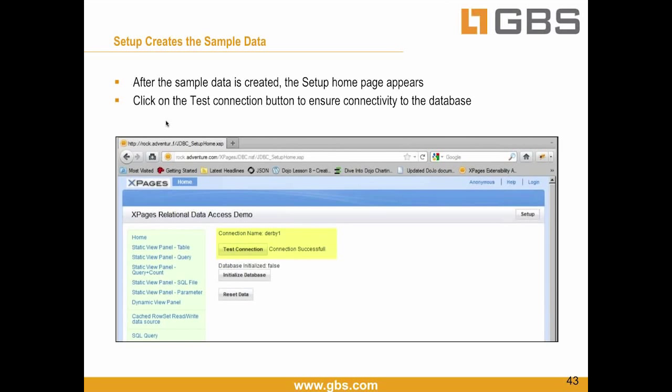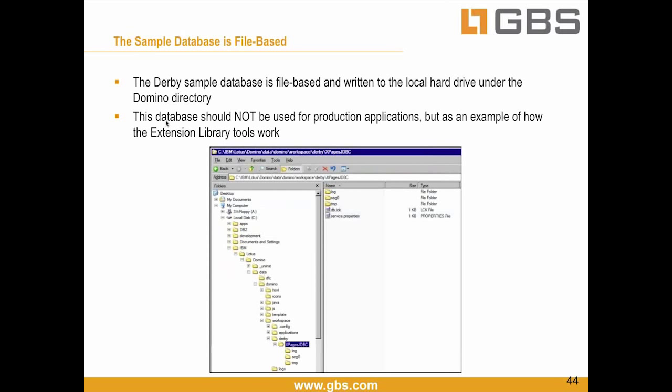Now, one thing that you want to be really careful with when you're testing this Derby database, which is written out to the file system on the Domino server, is that it's very, very clear in their documentation on the extension library and the sample that this Derby database is not production ready. This is a file-based database system that is not going to scale very well at all for large data sets. So this is really only to be used for proof of concept and sampling. It should not be something that you ever want to implement in a production-based system.